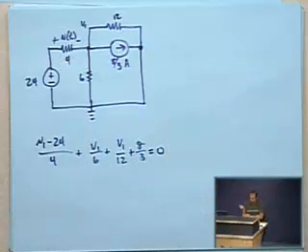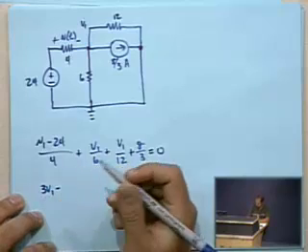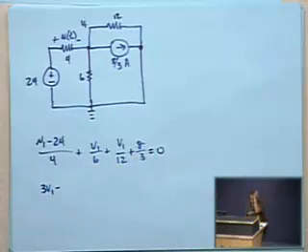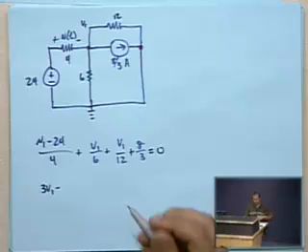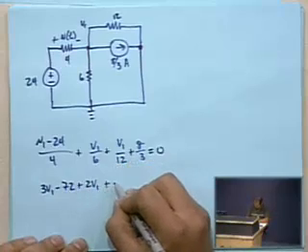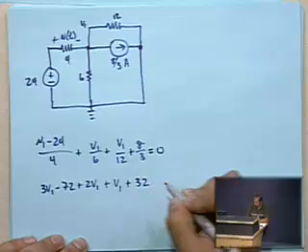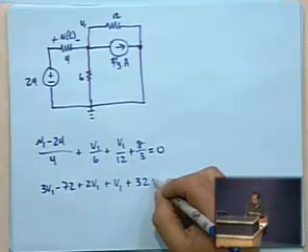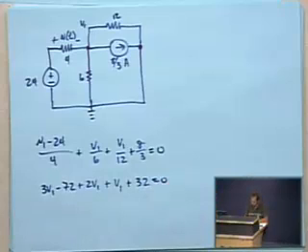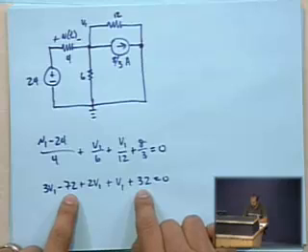So to get rid of all of the denominators, let's multiply everything by 12. That gives us 3V1 minus 24 times 3. Is that 72? Yeah, I think that should be right. Minus 72 plus 2V1 plus V1 plus 32 equals 0. So this is a total of, what, negative 40.